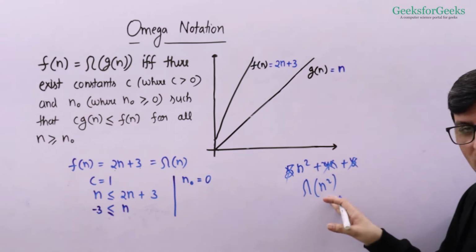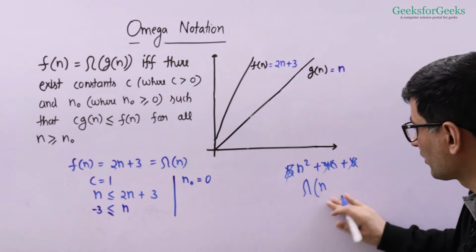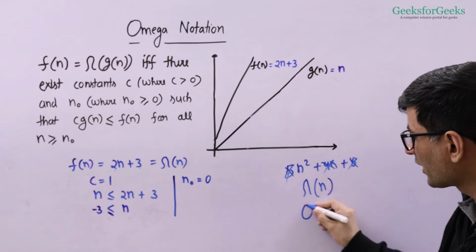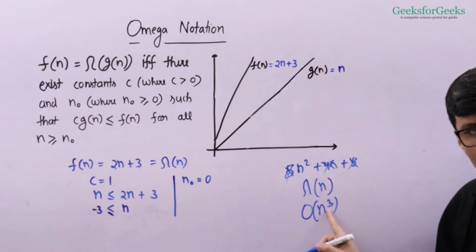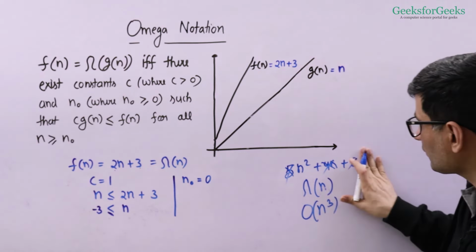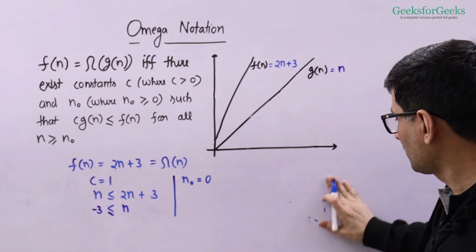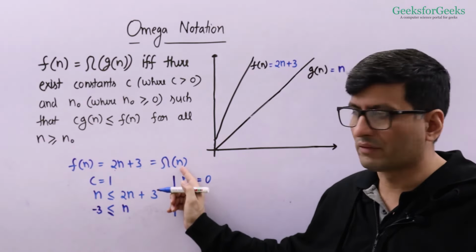So this is clearly big omega of n square. However, you can write it as big omega of n also, right? Similarly, you can write it as big O of n cube also. In big O, you can write higher growing terms. In big omega, you can write lower growing terms. Okay, so this is the direct method, right? We can directly say it's big omega of n.